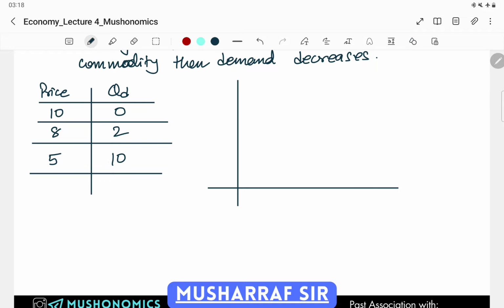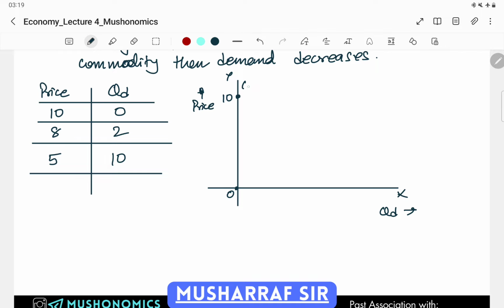So, y-axis is price, and on the x-axis we take quantity demanded. Okay, let's plot a graph. When quantity is 0, price is 10. So when price is 10, quantity is 0.